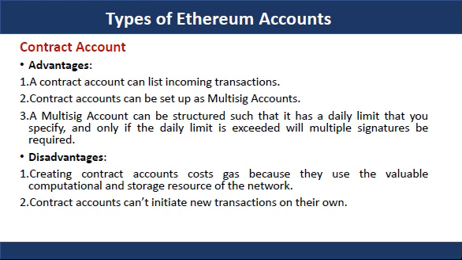Then the disadvantages of a contract account is that creating a contract account actually costs gas because they use the valuable computation and storage resources of the network, and a contract account cannot initiate new transactions on its own. Instead, a contract account can only fire transactions in response to other transactions that it has received either from an externally owned account or from another contract account.